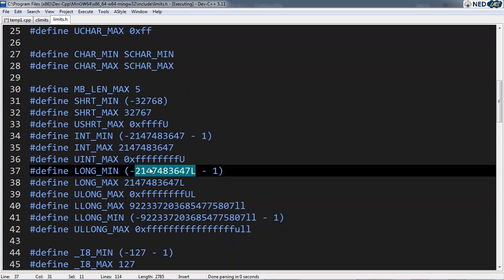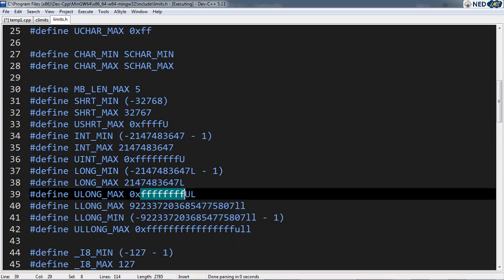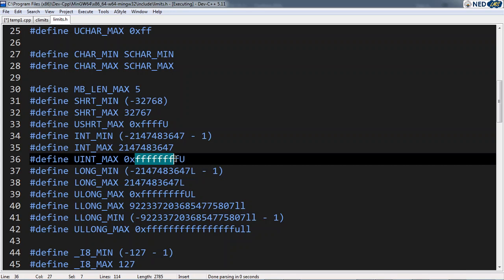We are also going to verify it with the sizeof operator in a few minutes. Long and a simple unsigned integer are essentially the same thing: we have 8 F's over here and 8 F's over here. We are talking about 32 bits, going from 0 to 4 billion.